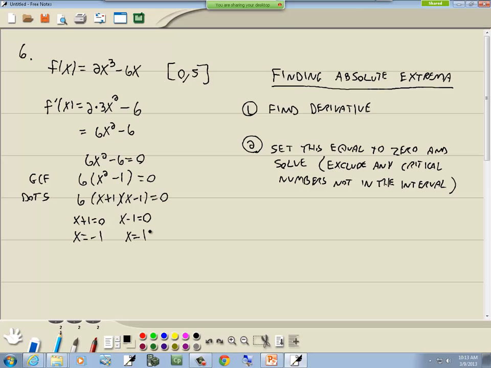Now these are our critical numbers. Remember what I said though, exclude any critical numbers not in the interval. We're going from 0 to 5. 1 is from 0 to 5, but negative 1 isn't. So we want to cross that one out. We're not going to use that. And again, this we found was our critical numbers.